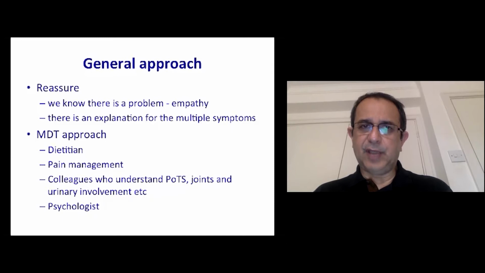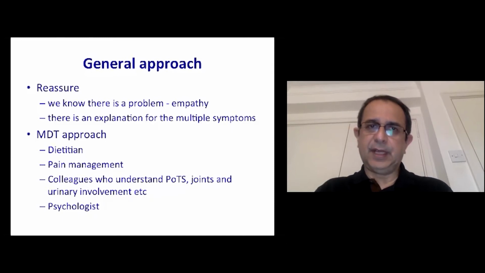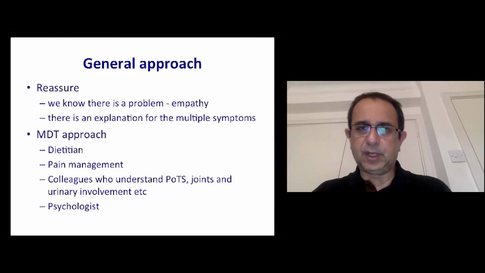It's ideal to have a multidisciplinary approach with colleagues getting together to manage patients, because we often need help from dietitians, pain management consultants, colleagues who understand POTS, joint problems, and urinary involvement.